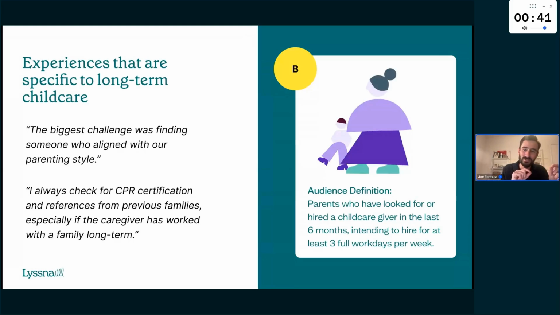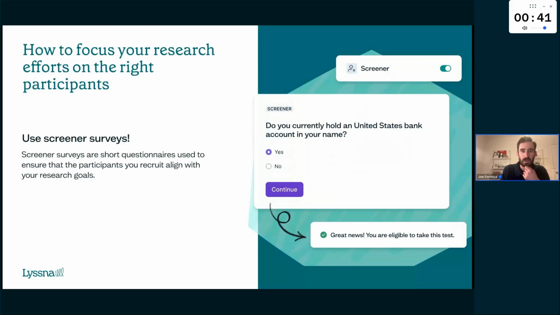They wanted to hire someone for 2 days. Does that count? Probably not. We're going to know that every one of those, even if it's a lower quantity of participants, is going to be relevant. So how do we do this effectively?